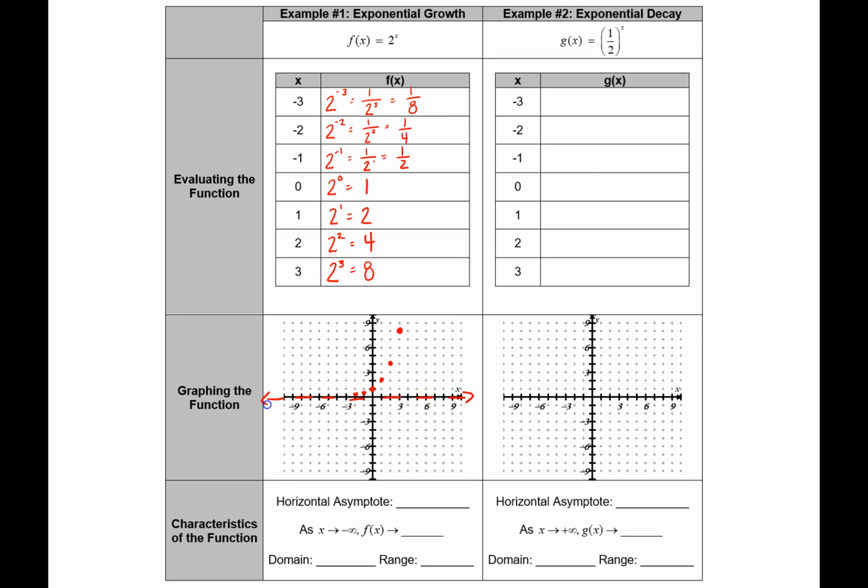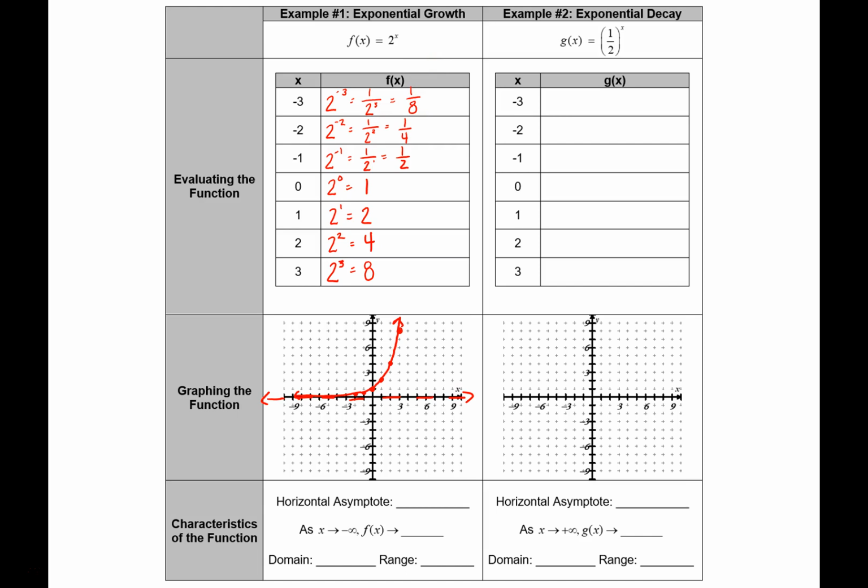That's going to indicate to us, because no matter how far we go to the left with our negatives, we're going to keep getting closer and closer and closer. That indicates that we have an asymptote, because we're never going to cross over. These fractions are just going to keep getting smaller and smaller, like 1/2, 1/4, 1/8, 1/16, and so on.